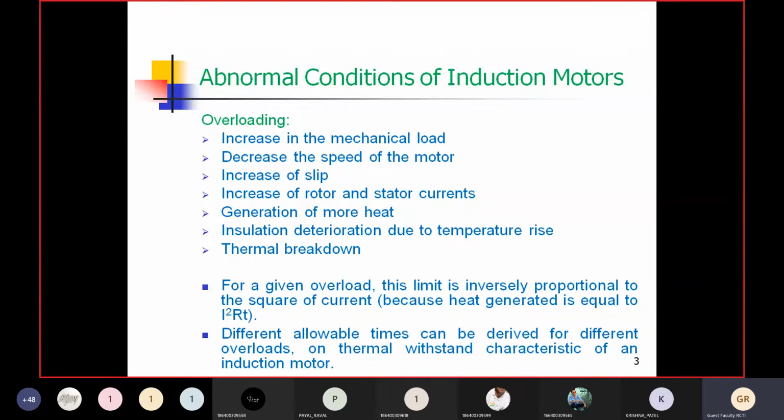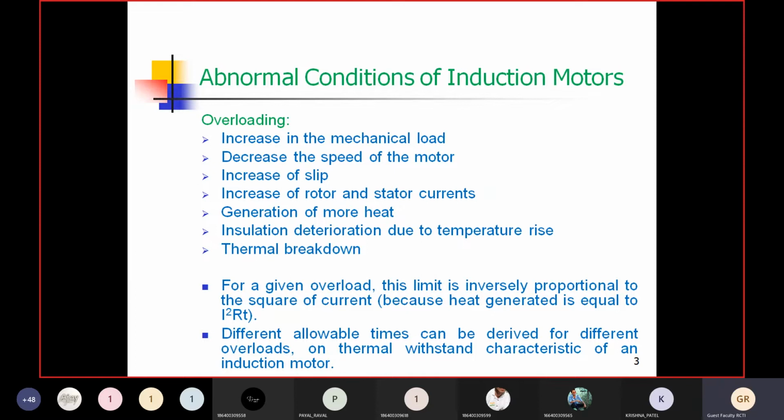Good. So the very first phenomenon that happens because of overloading is a reduction of speed of the induction motor. Reduction of speed is layman's language; in technical language we call it an increase of slip.